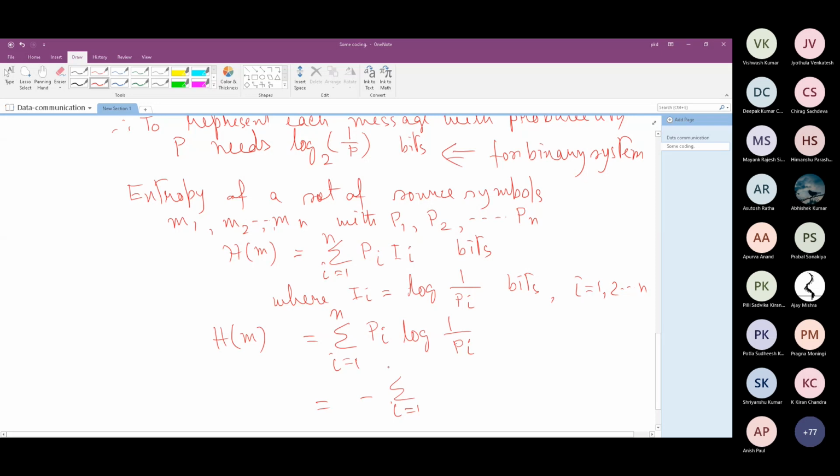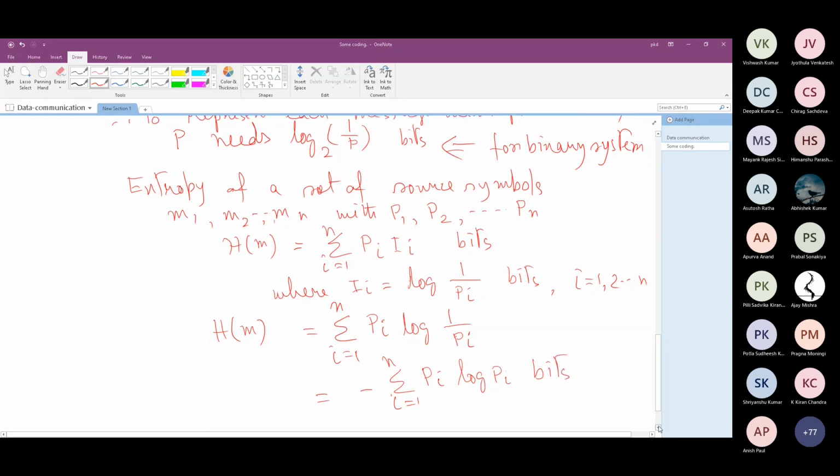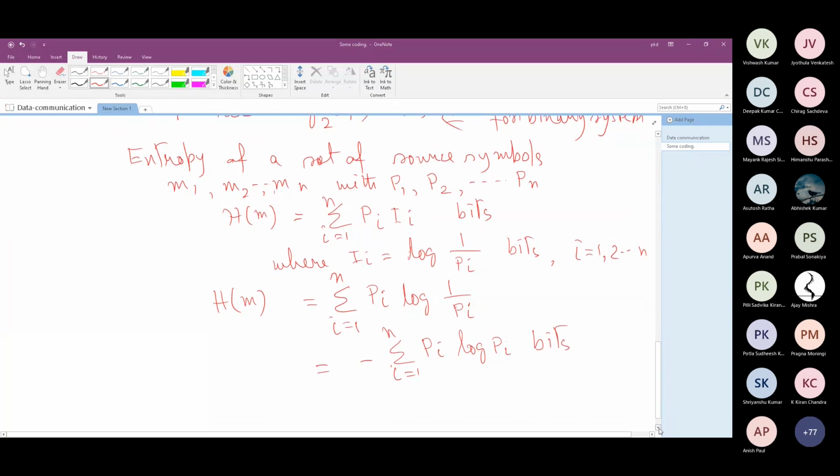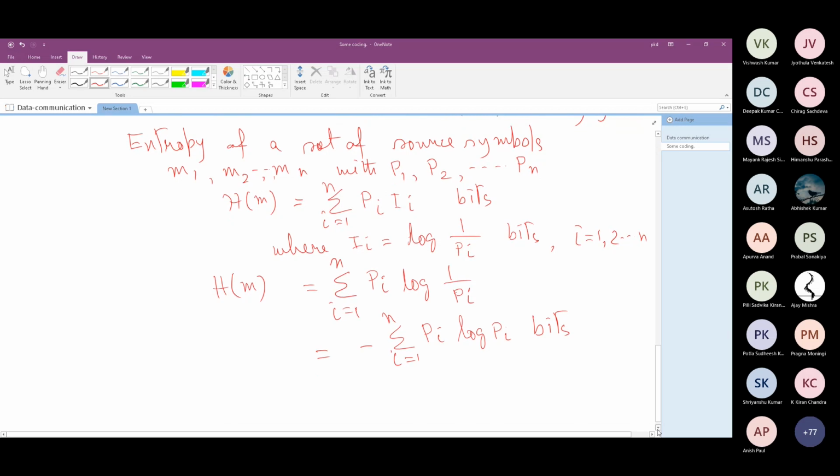Minus sigma i equal to 1 to n of Pi log Pi, bits. So these are the two important terminologies that we will use. One is information and another is entropy.